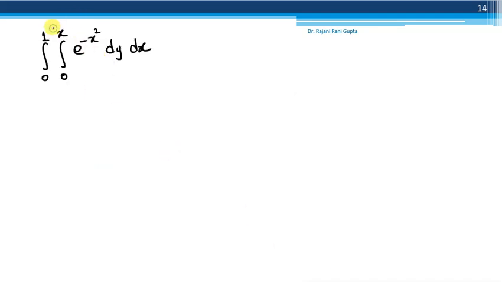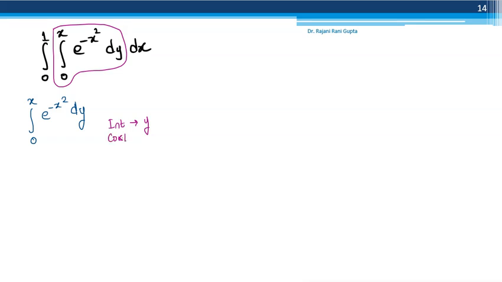So to integrate this, first we will solve the inner integral. We're going to solve it as an iterated integral. So this integral is from 0 to x, e power minus x squared dy. Now dy means you are integrating with respect to variable y, and you are going to treat the other variable x as a constant.